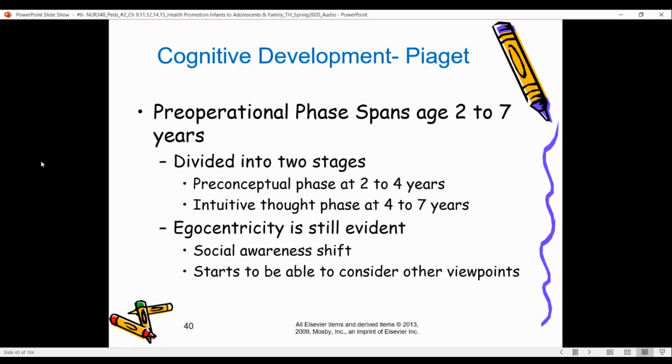Egocentricity is still very evident in their thought process, but they're now starting to have a social shift. Remember the toddlers, we wanted them to separate from that primary caregiver. They're now able to really move forward with that concept. I'll give you an example of something my daughter would do at that 3 to 4-year-old phase. She would come up to me and say something like, Mom, I want to go to the park. And I would look at her and be like, but Mommy doesn't want to go to the park.